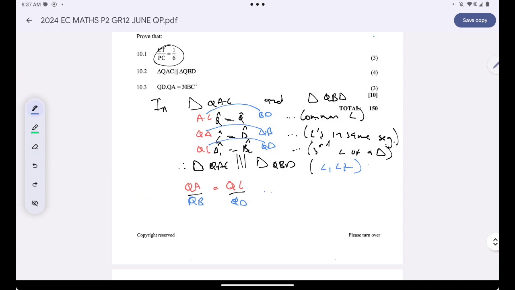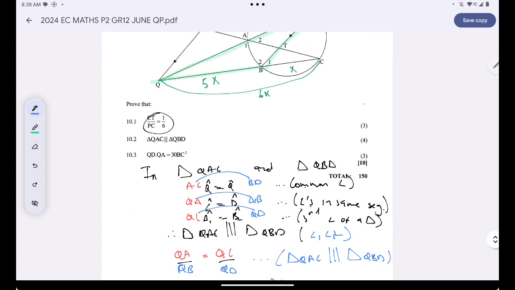And then the statement is true because triangle QAC is similar to triangle QBD. Are you together? And then we can cross multiply here, guys. We can find that QD multiplied by QA is equal to QB multiplied by QC, right?